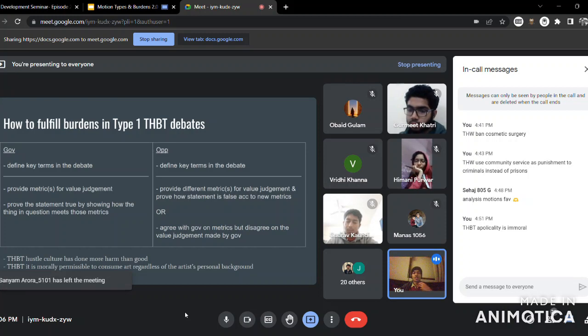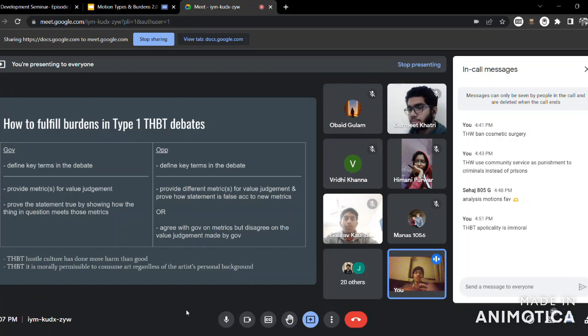If you want to launch an attack on both sides, like doing both the first and second approach, like we discussed in previous sessions, you can do it by using the words even if. So if I have attacks on both lines, I can say first that listen, firstly हम तुम्हारे metric से agree नहीं कर रहे. We think morality should be judged in a different way, which is better because XYZ, and from this metric of morality, apoliticality is something that is moral, not immoral.